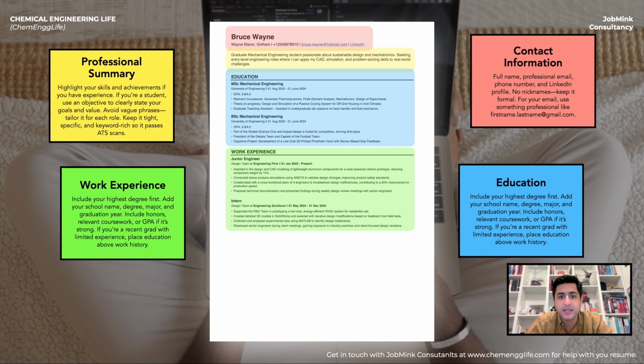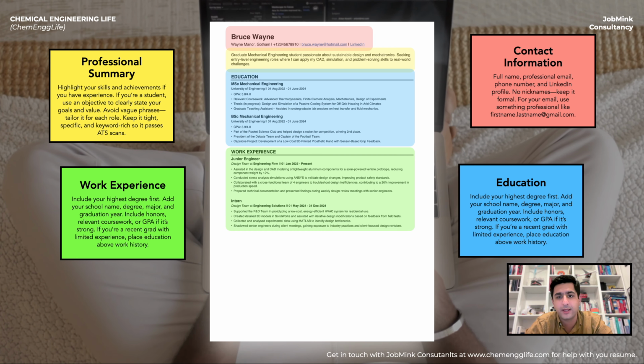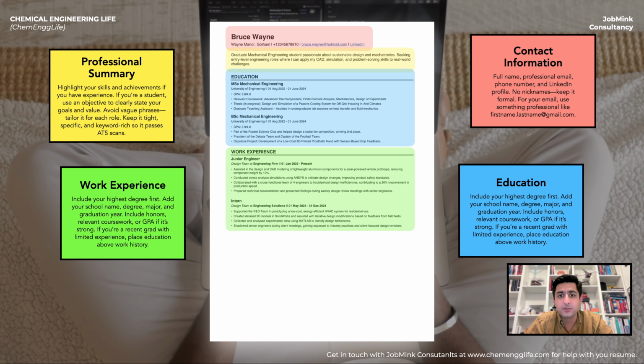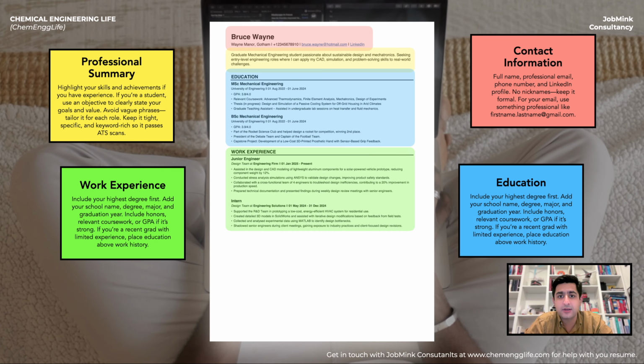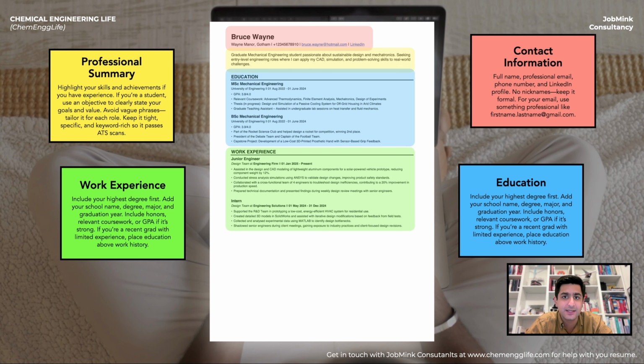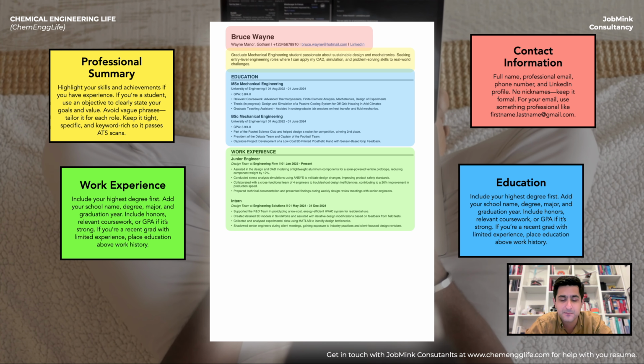And it may require a little bit of wordplay because, for example, if you are applying for a job that is very focused on data analysis, you can always try to find examples of what sort of tasks that you did that can allow you to work with data analysis in the job that you're applying for.